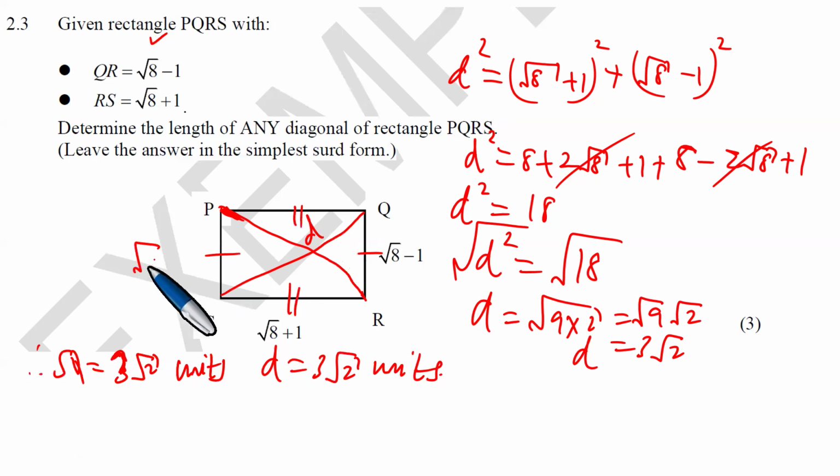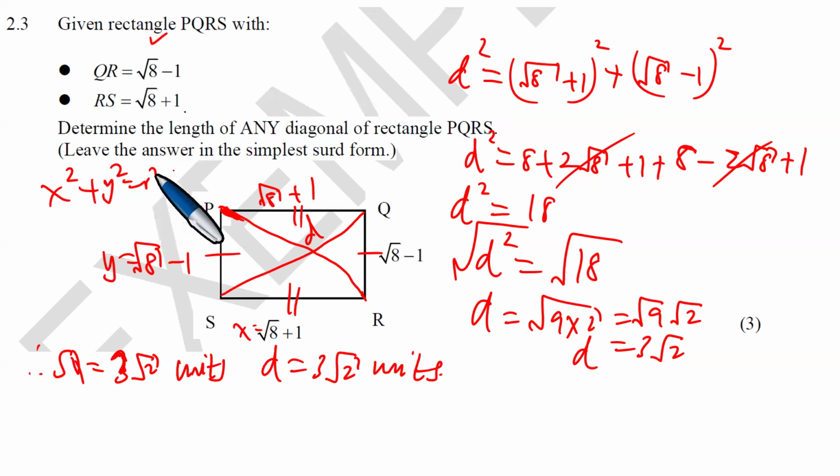This one is the square root of 8 minus 1, and this one is the square root of 8 plus 1. We found the diagonal SQ, and you can also find the diagonal PR. Because you already know this vertical one, you can call it y, and the horizontal one you can call x. You can use Pythagoras' theorem, x squared plus y squared equals r squared, but we've already got the answer here. There are many ways to get the answer. The next question.